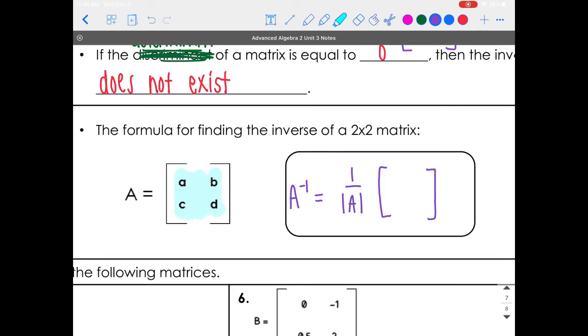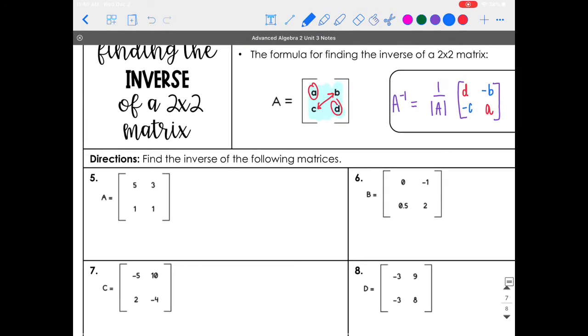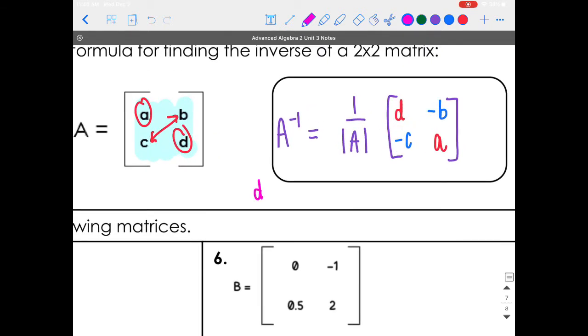Now I'm taking these elements and moving them around. So the A and the D switch places. The other two stay in their same place, but they switch signs. So that would become negative B and negative C. So we'll do some examples. And let's make a note here that this is the determinant.